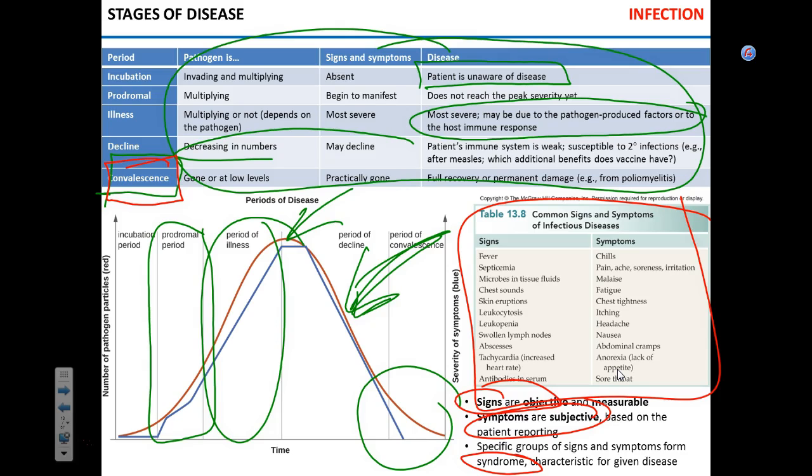Acute respiratory syndrome, the viral disease. They even made a movie out of it, a movie called Contagion. It's SARS, severe acute respiratory syndrome.